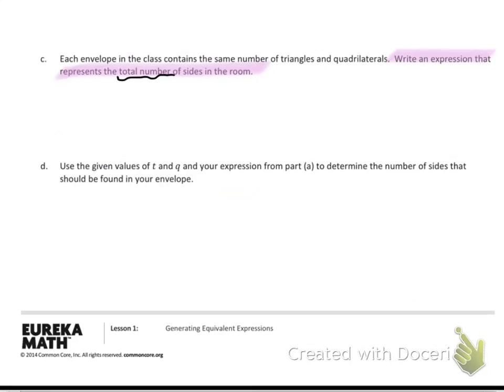We would need to know the total number of students in our class. When everyone shows up, which seems to be a rare phenomenon these days, we have 18 students. So go ahead and pause if you want right now and write an expression that represents the total number of sides in our entire class.